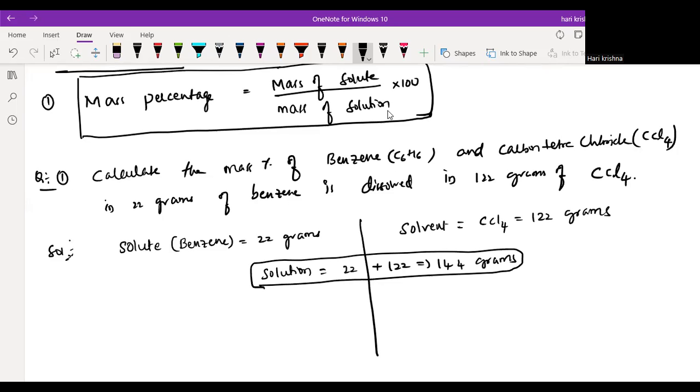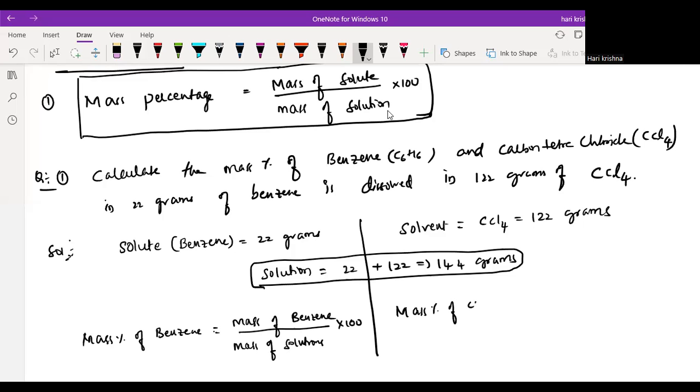Fine. Now mass percentage of benzene is what formula? Mass of benzene by mass of solution into 100. If you want mass percentage of CCl4, what is the formula?